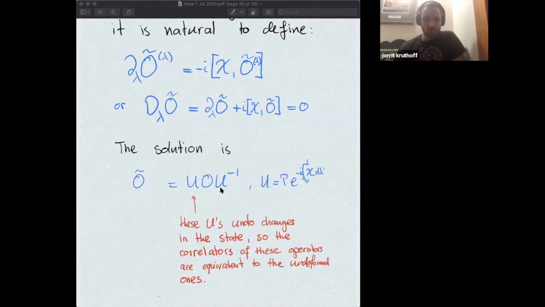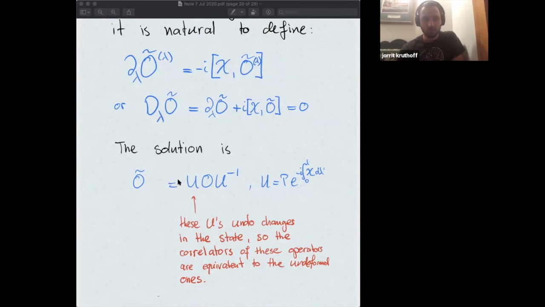Let's see. So if I now put this particular operator in an expectation value in deformed states, say we want to compute the 1-point function, just for simplicity, just showing that these U's will cancel. Say we want to compute the 1-point function of this O tilde, then there will be a deformed bra on this side and a deformed ket on that side.